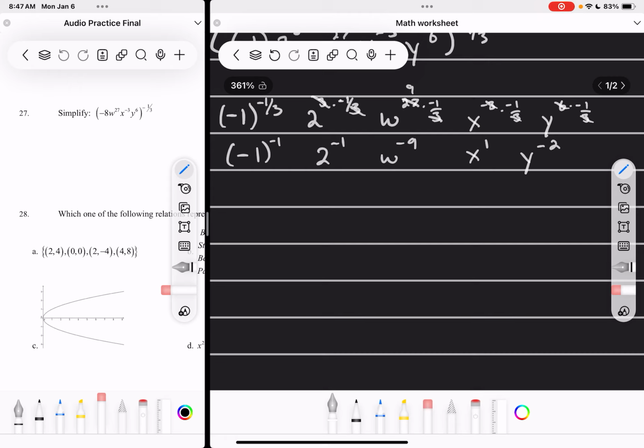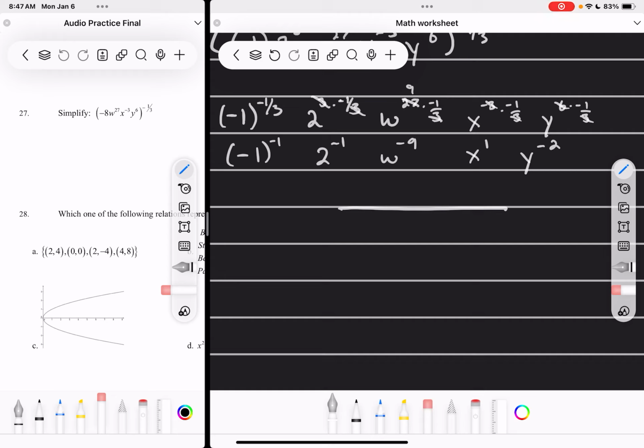So every part of this that is a negative is going to go to the bottom of a fraction. So we're going to make a fraction, and we're going to put all the negatives on the bottom and the positives up top, because all of them are by default in a numerator if there is no fraction written.